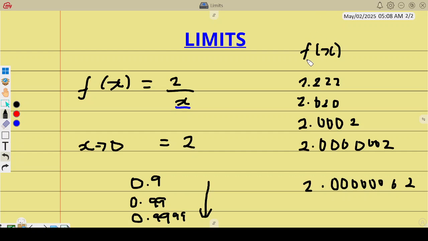These are the values of f of x. It is now getting very close to 2. So this means that the limit as x approaches 0 is 2. This is the idea behind limits.